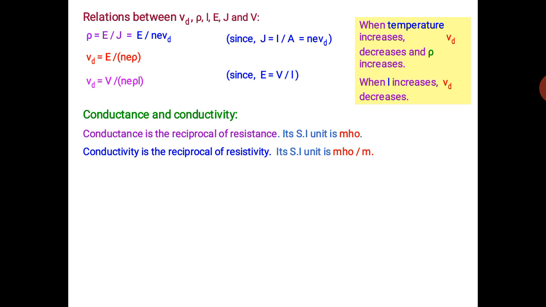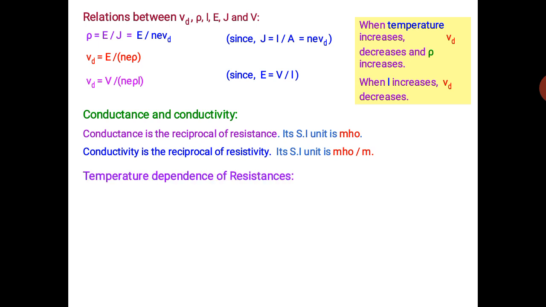Its SI unit is per ohm per meter or mho per meter. And one more important and common unit for conductance is Siemens. Instead of per ohm or mho, you can use Siemens, and conductivity is Siemens per meter.